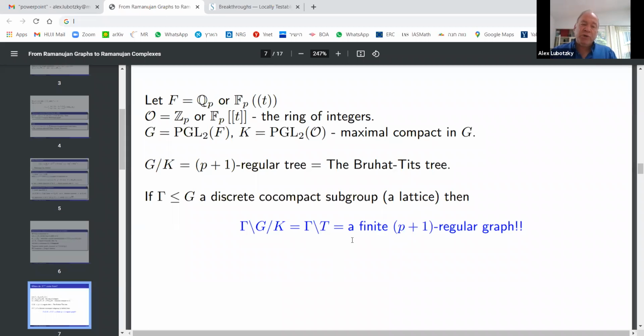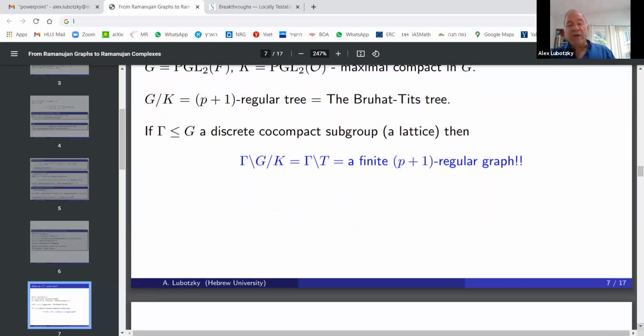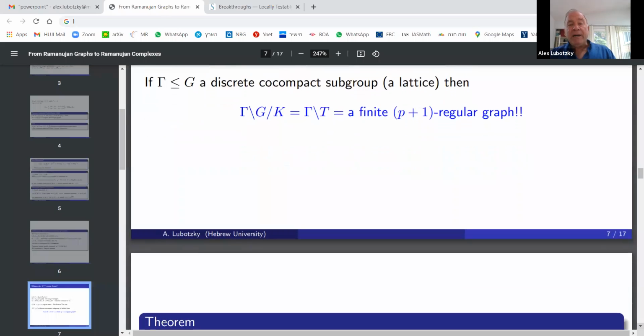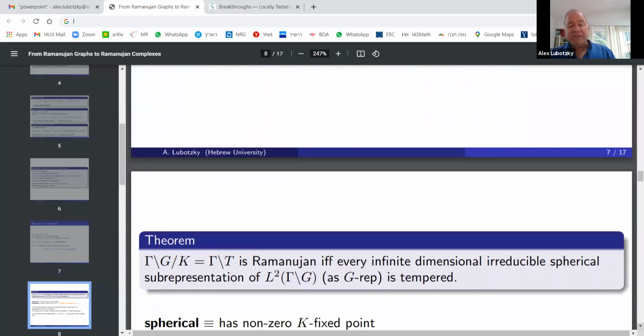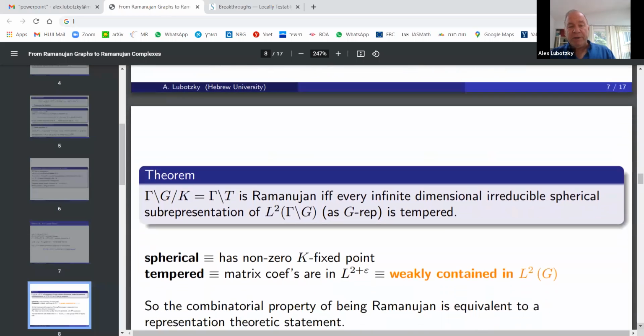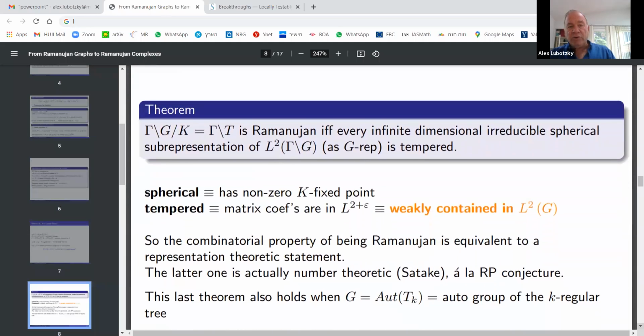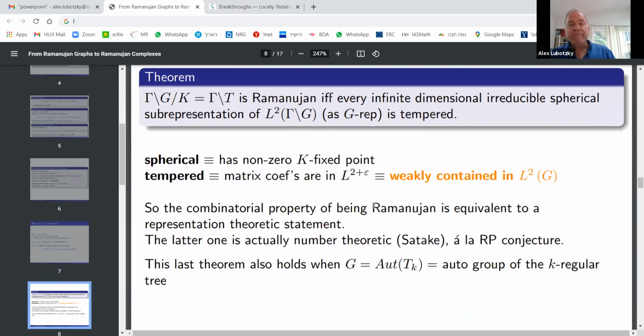Because if you just do it with an arbitrary lattice, every finite (p+1)-regular graph can be obtained like that. In order to get a Ramanujan graph, this is a much deeper story. And here is a theorem.